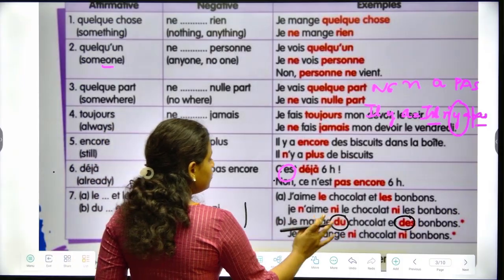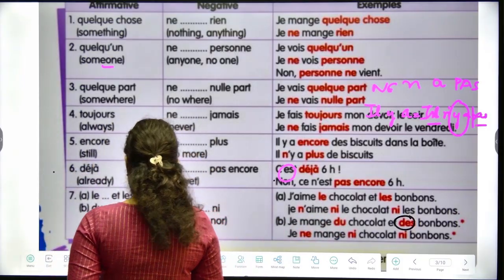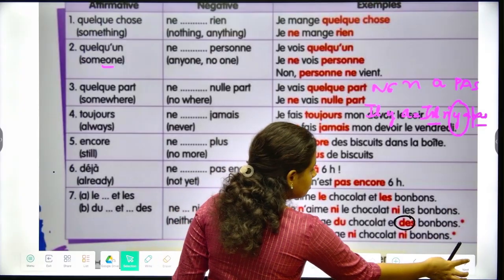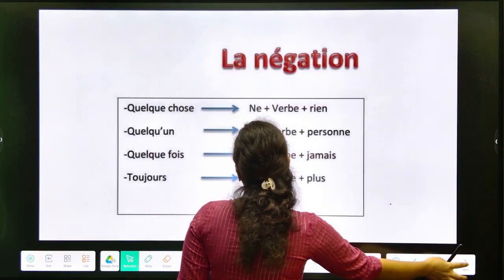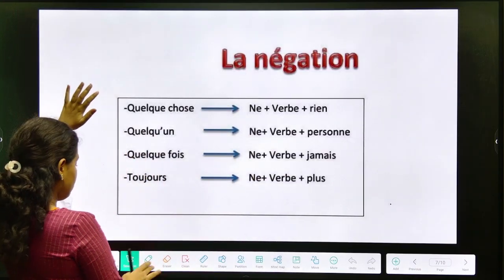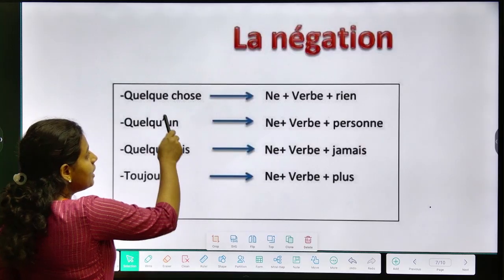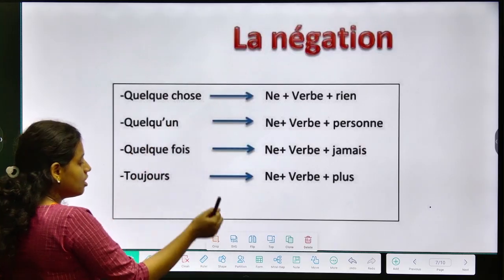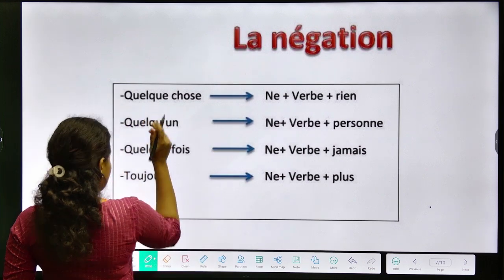Now we can move to the exercises. Like you can see here, la négation. Quelque chose, which means what? Quelque chose, which means something.